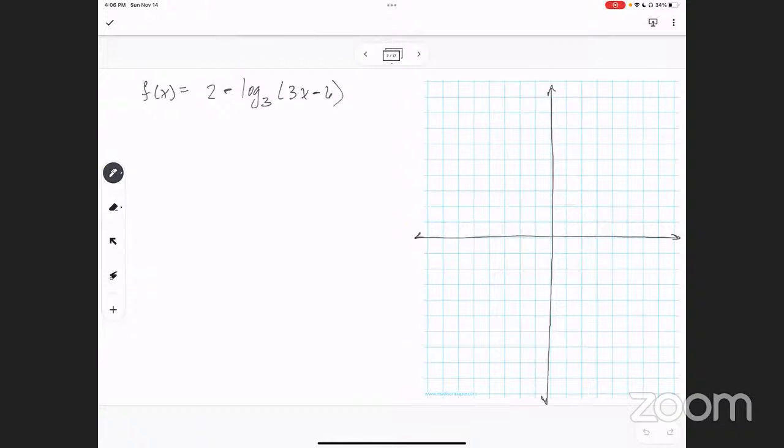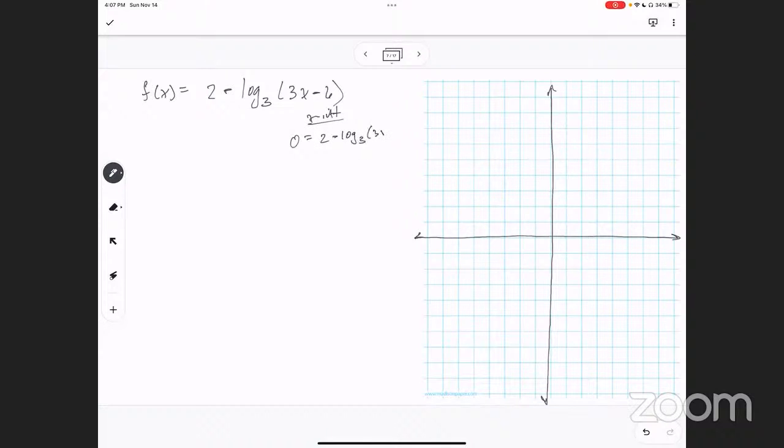What now? How are we going to do this one? Walk me through it. I'll let you walk me through this. All right. So we can find the x intercept by setting y equal to 0. So it would be 0 equals 2 minus log base 3 of 3x minus 6.